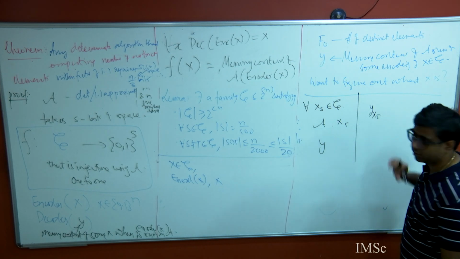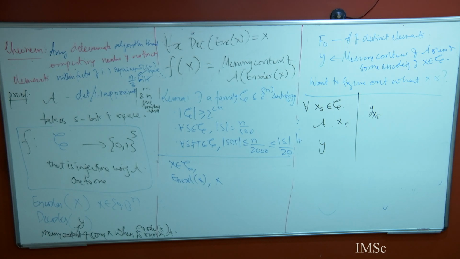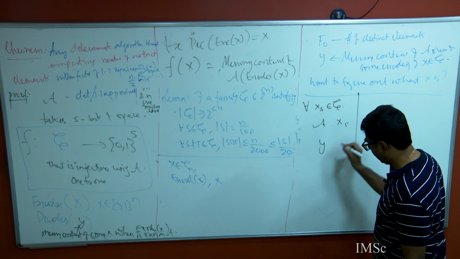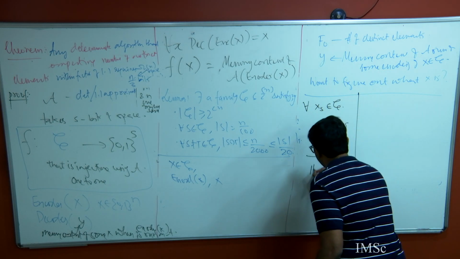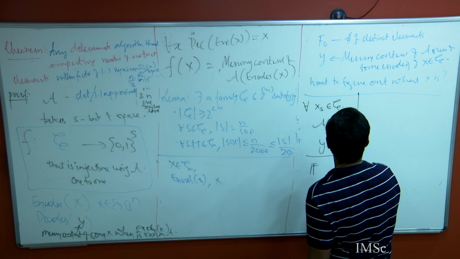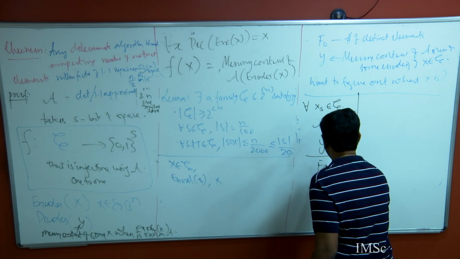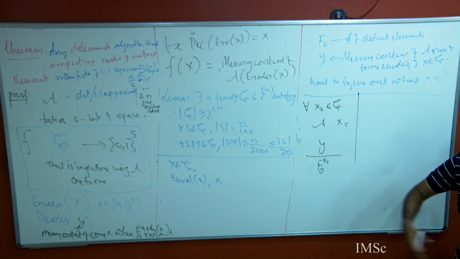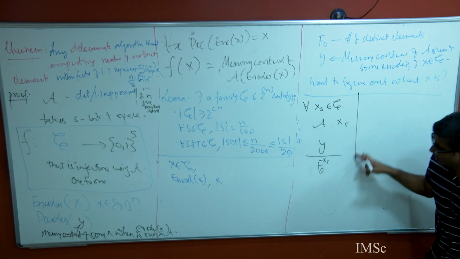So when I run this, I get Y XS. Now based on these two numbers, let's call this F0 of XS, the number of distinct elements in total.